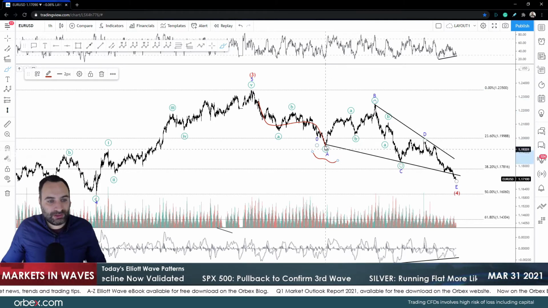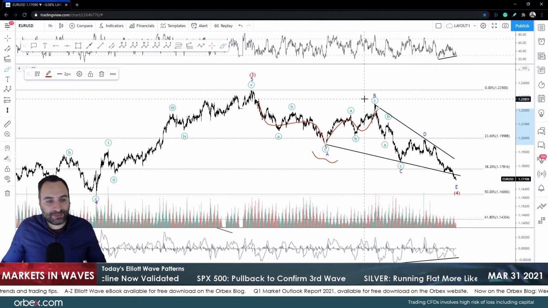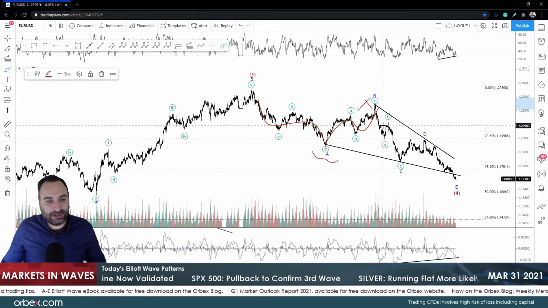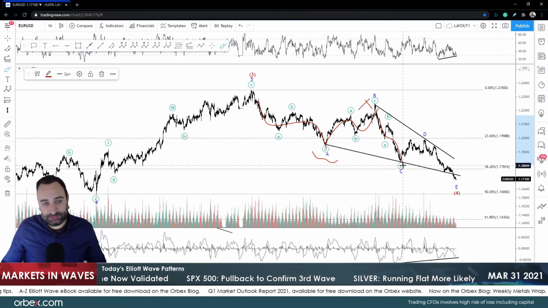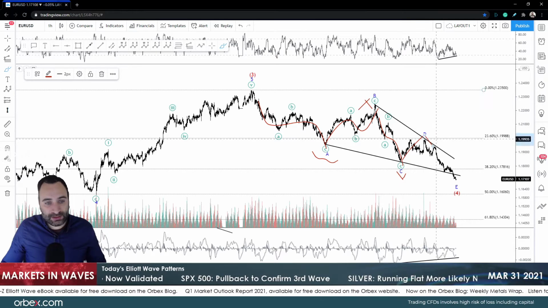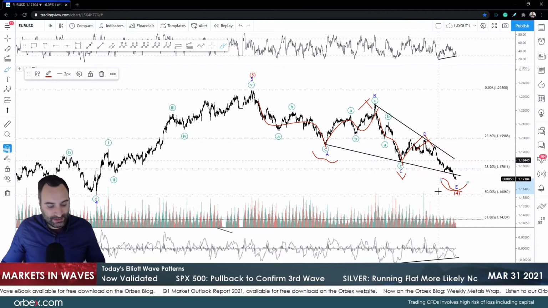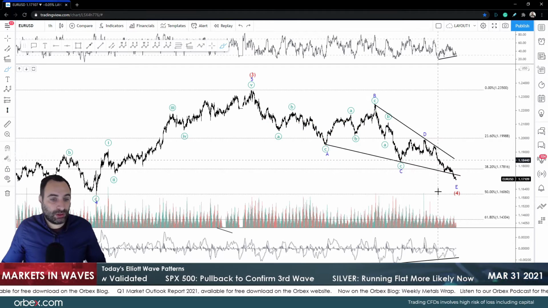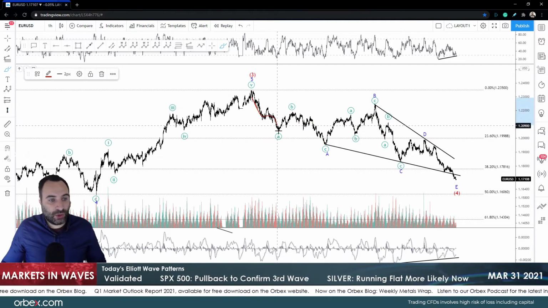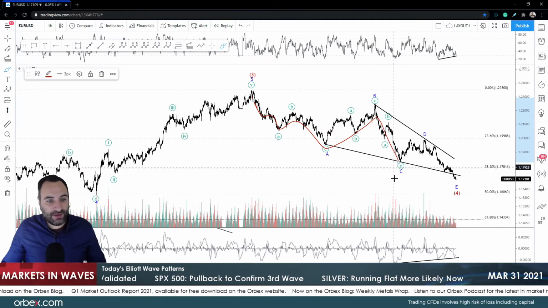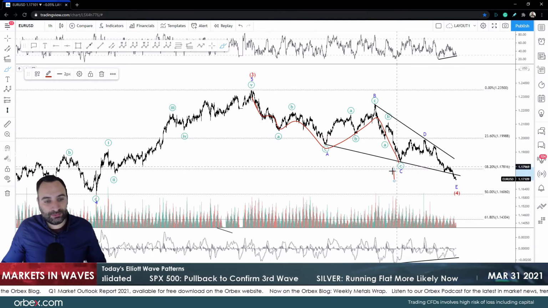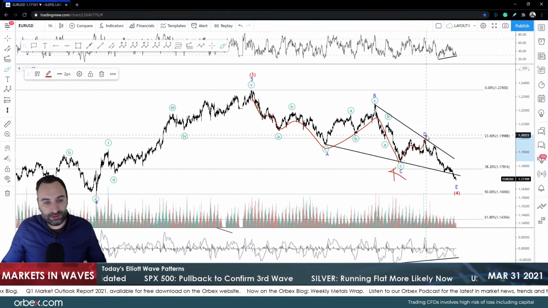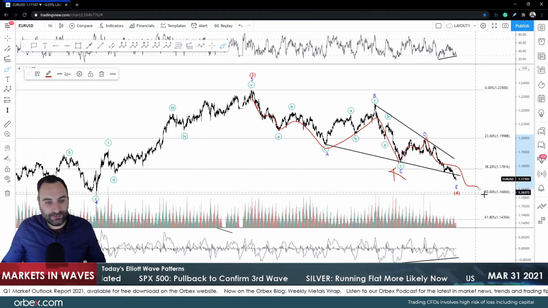Perhaps that could be a W, that could be an X, and then this would be W, X, Y, X, and Z, perhaps like a triple zigzag in this case. Yeah, that would make sense. Or it could be an alternative, where this is wave B, and then 1, 2, 3, 4, and 5, and that's going to be a C.